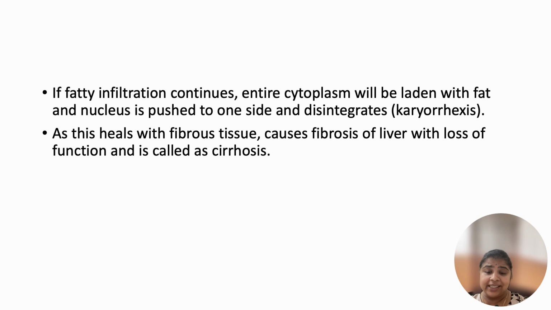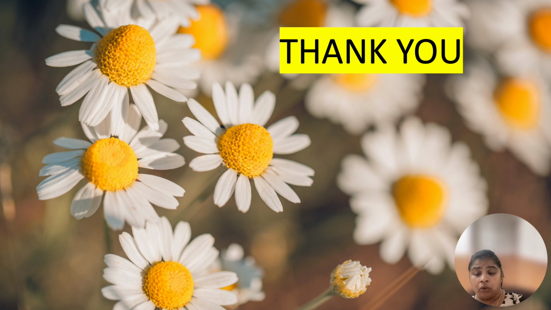In the initial stages fatty liver is reversible with dietary modifications, but once it heals with fibrosis there will be loss of function. This stage is called cirrhosis of the liver and it is irreversible. The liver function is lost and will lead to liver failure. The only way would then be a liver transplant, otherwise this cannot be treated once cirrhosis has happened.